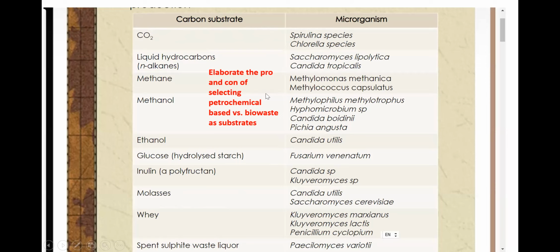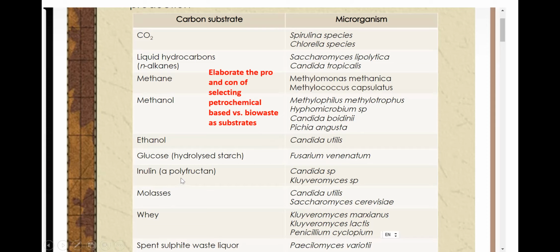Then the question might be asking you to elaborate the pros and cons of selecting a petrochemical-based substrate as compared to bio waste as a substrate. For petrochemical, the examples are methane, methanol, and alkane. For bio waste, for example, molasses is a side product from the sugar refinery, and whey is a bio waste from cheese.